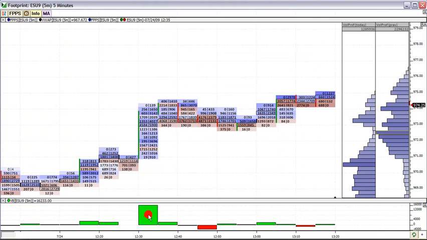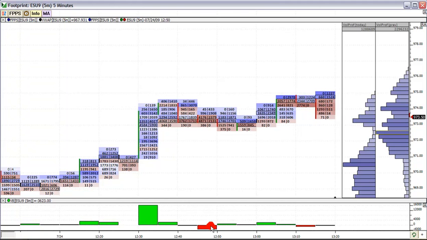Now what it is, and I'll take a few minutes to describe what the volume breakdown indicator is. The volume breakdown indicator is a sum or total of all the aggressive, think of it as the aggressive order flow, whether there was more trading at the ask or more trading at the bid. So this is giving us a visual of whether there was more aggressive buying, as we saw in this bar, which is kind of one of those standout bars here, or more aggressive selling, which we saw in this bar.